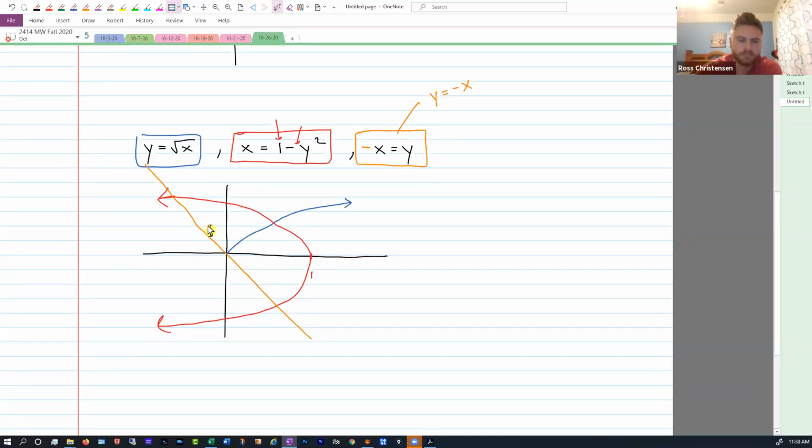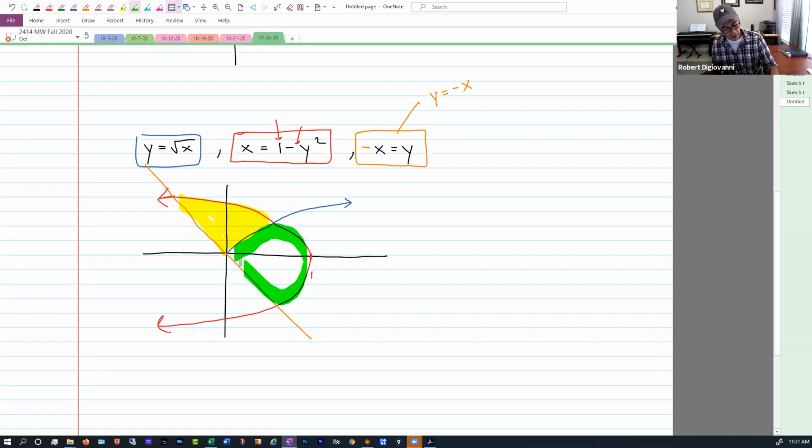Do y'all see we have this one right here, and we have this region right here. There's two, aren't there? Because this one right here is bounded by all three, and this one right here is also bounded by all three.